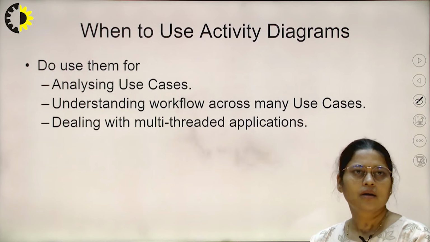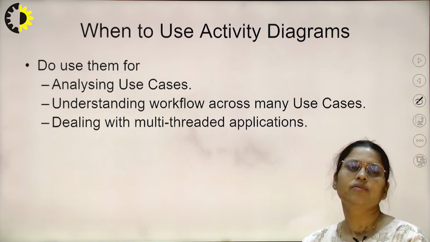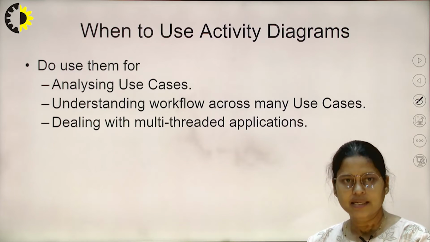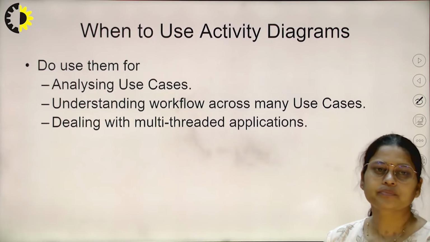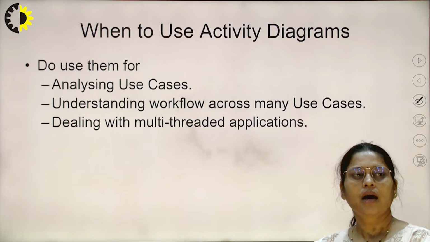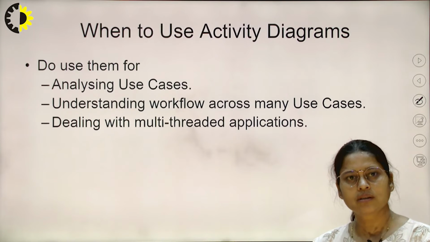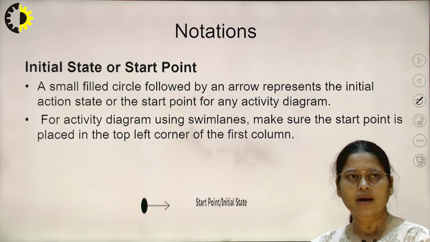So why is there a need for activity diagrams? We use these activity diagrams for analyzing the use cases which we have already created in the requirement analysis phase, understanding the workflow across many use cases, and dealing with multi-threaded applications.